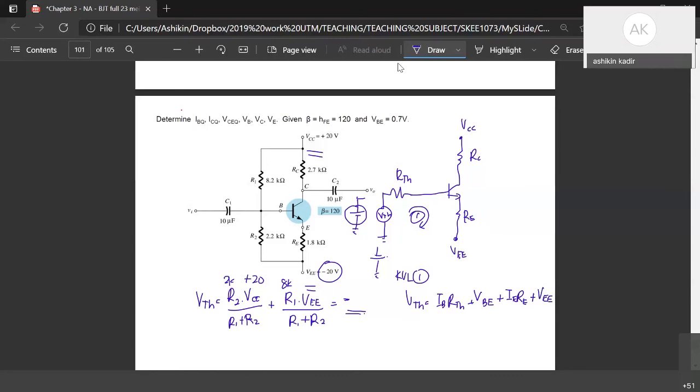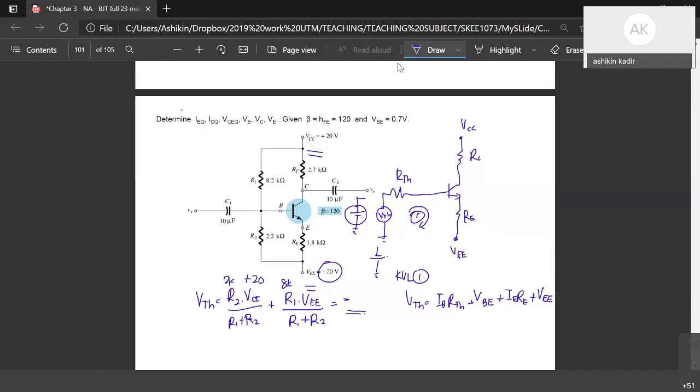We don't bother about the minus sign, we just put the label, which is VEE and VTH. We don't write it as minus VTH. If you want to write it as minus VTH, it can also, but please be extra careful.